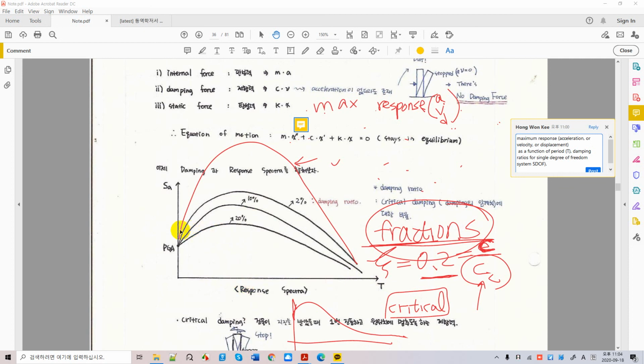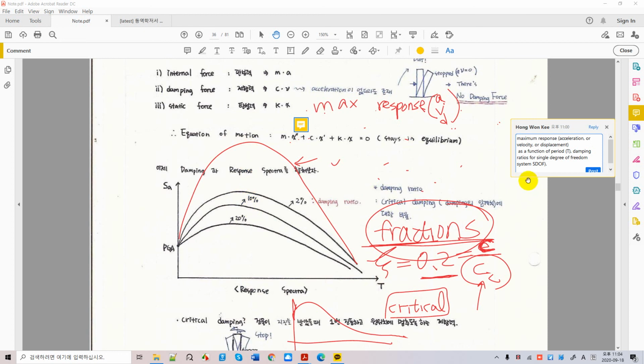So your maximum acceleration changes as a function of your building period, okay? And also your maximum response of your accelerations, velocity, displacement, whatever, will reduce as your damping increases, or your response will increase as your damping ratio decreases, vice versa, right?